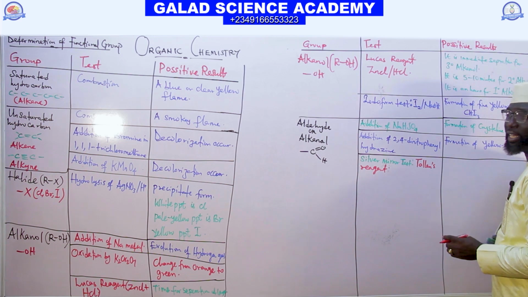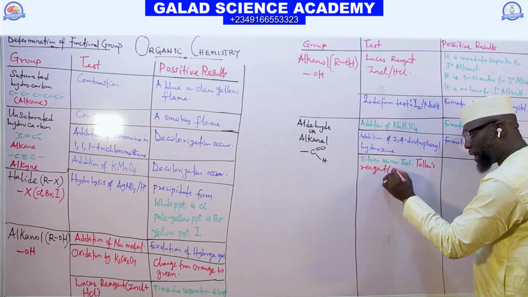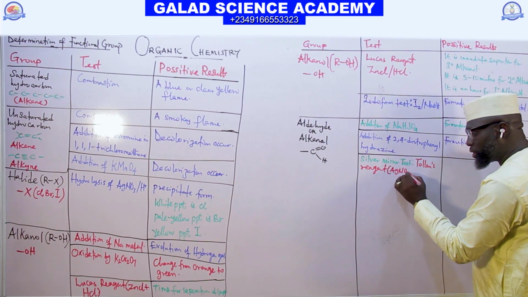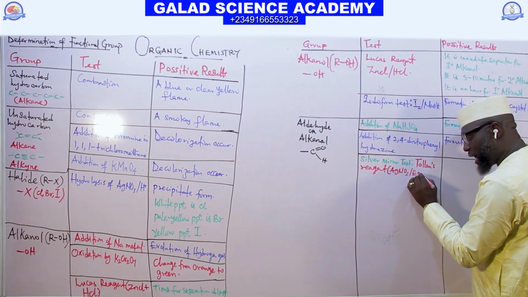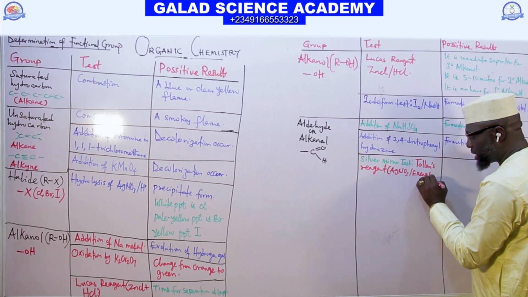What is Tollens reagent? It is a reagent that is comprised of AgNO3 and excess ammonia.